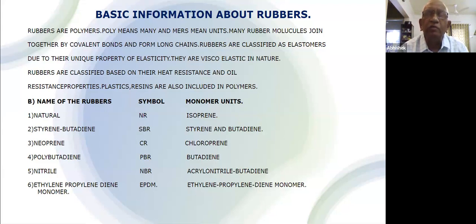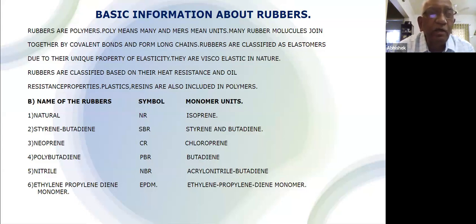They are also classified as copolymers or homopolymers. For example, when I discuss natural rubber, the symbol is NR, and the main unit comprising this polymer is called isoprene. Isoprene is a chemical unit. When many units join together, they are called polyisoprene. So what we say is natural rubber is nothing but polyisoprene.